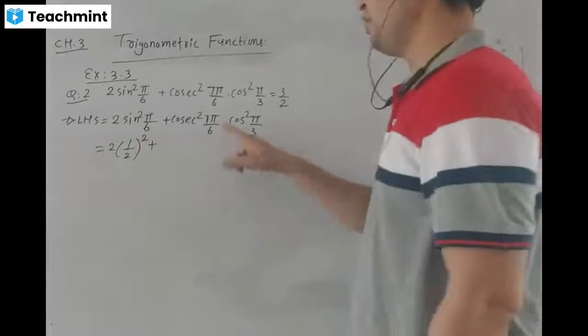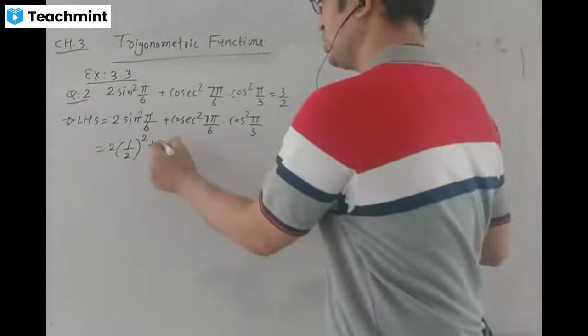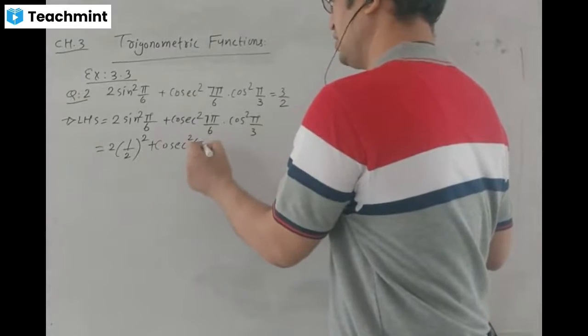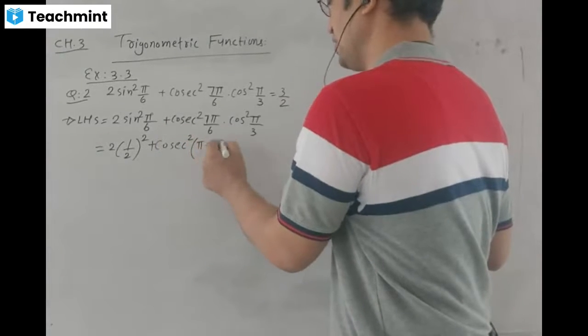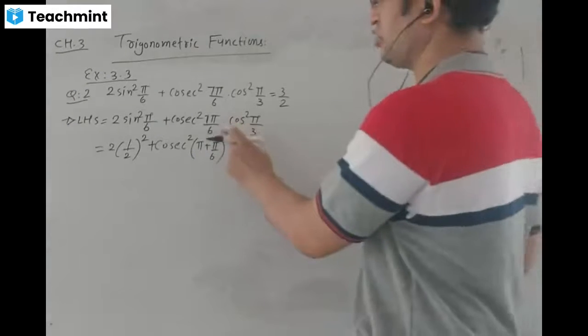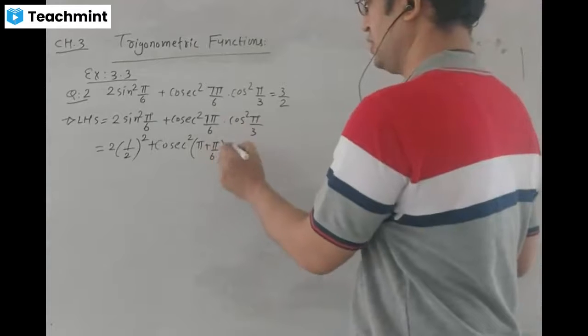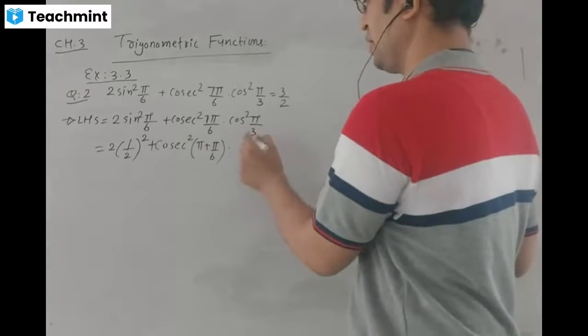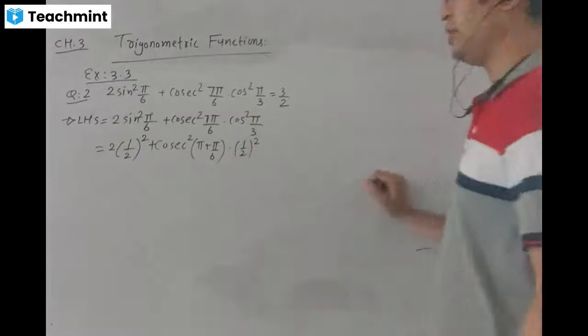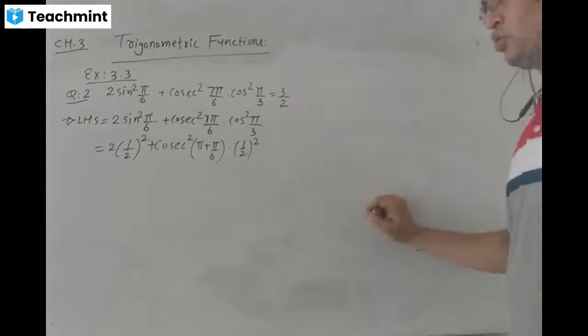Cosec square 7 pi by 6, cosec square as it is. And 7 pi by 6 lies in the third quadrant, it is the same as pi plus pi by 6. And cos pi by 3 value is 1 by 2, so cos square pi by 3 is 1 by 2 whole square.